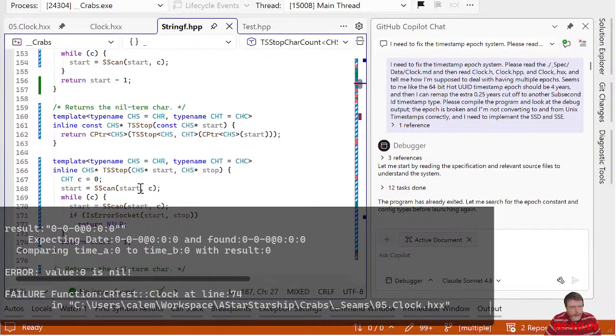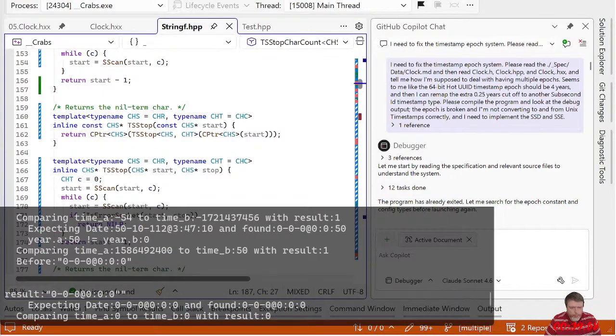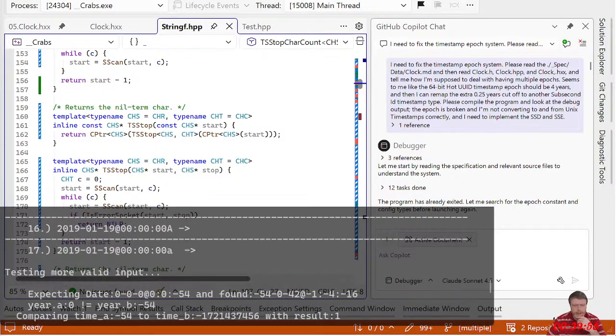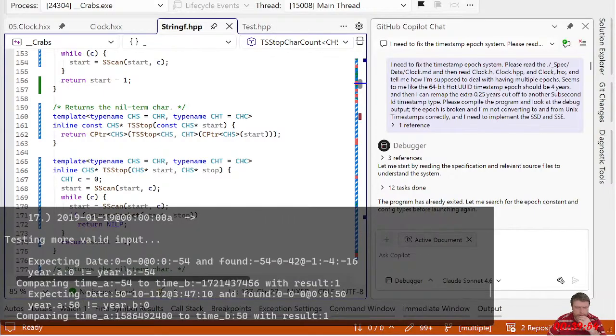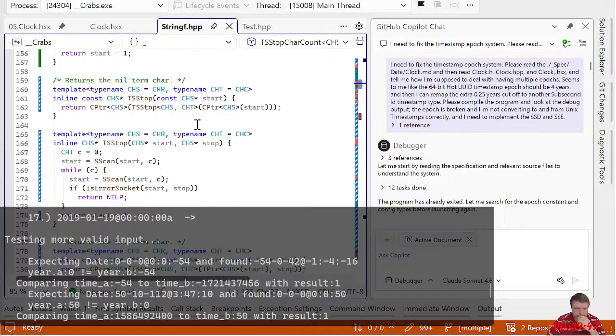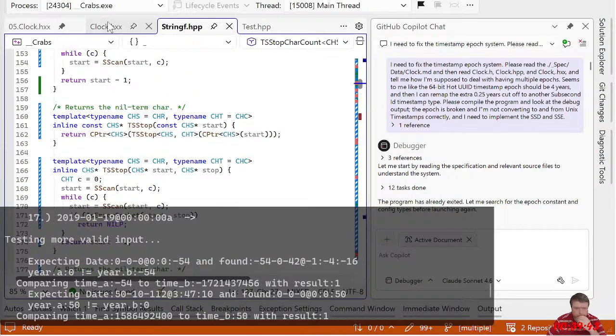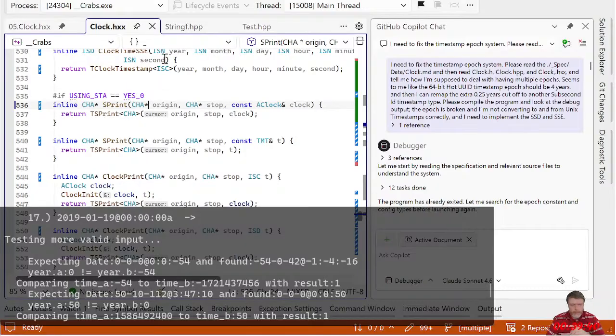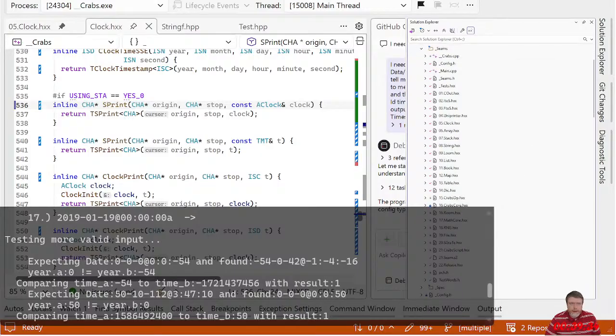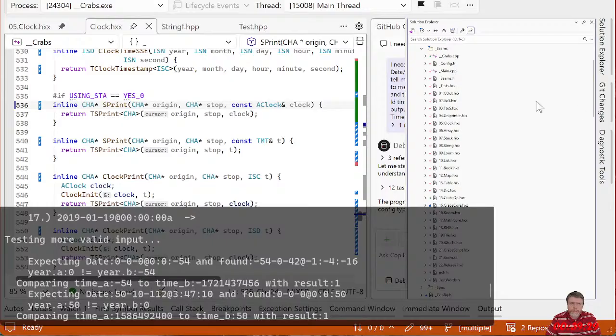Let's look at the output for the debugger. When are we looking for T clock print? Probably should be in. Fix that real quick here.